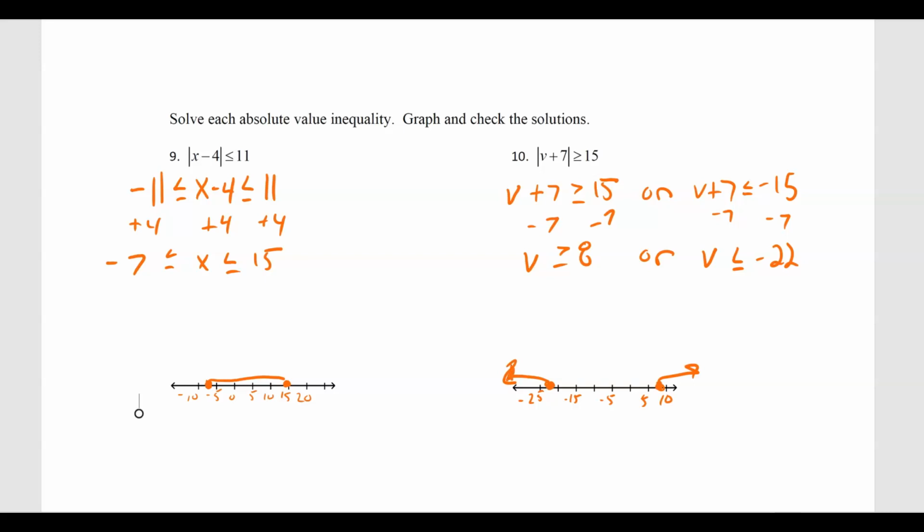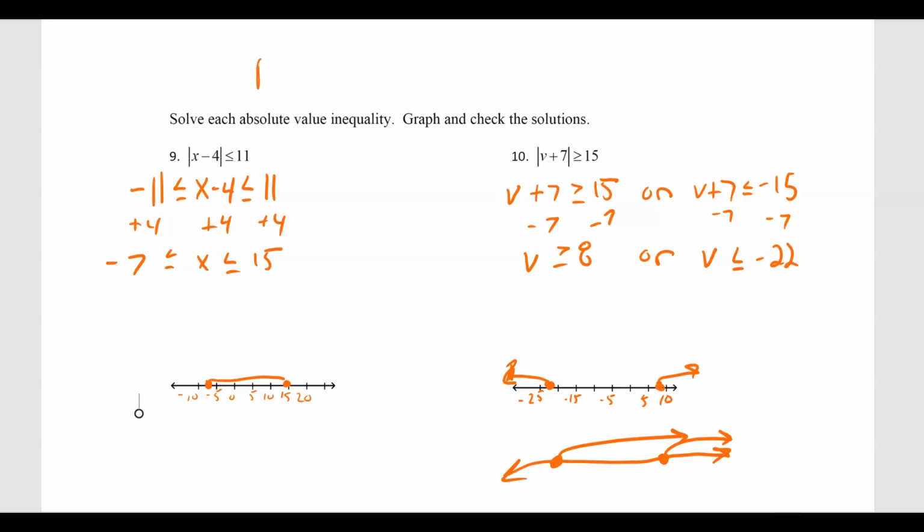Notice how typically with an OR, although I've seen it the other way sometimes, they're going to go the opposite way. 99% of the problems we do, they're going to go the opposite way. If you did have two that went the same way, I would just double and triple check them and make sure that you did everything right. It would be a rarity that you would see something like that, but occasionally it does happen.